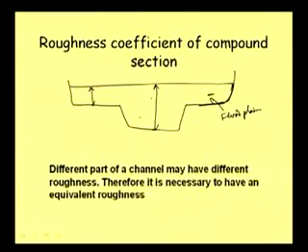Okay. So the roughness value of the main channel, say n, and say this is nf, roughness of the flat plane. And in the flat plane, again, see this flat plane normally does not get overflooded.